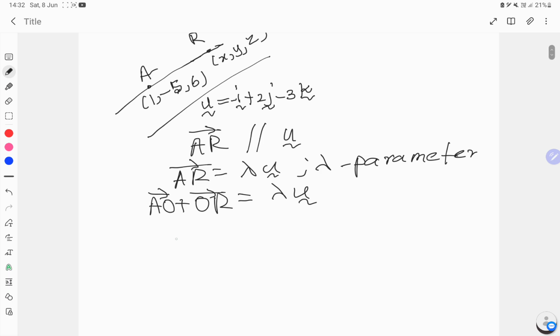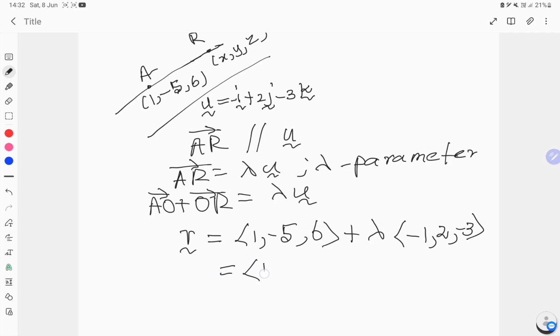We always know OR vector we can write R vector. Then we can write AO vector equal minus OA vector. Therefore this side plus OA vector. Therefore OA vector components 1, minus 5, 6 and plus lambda into u vector components minus 1, 2, minus 3.